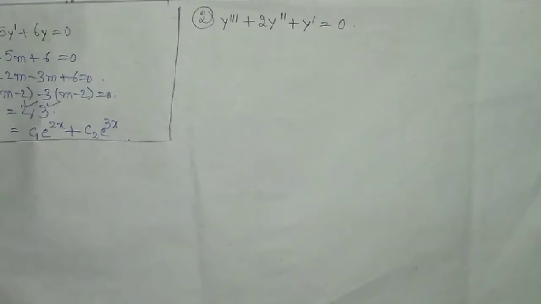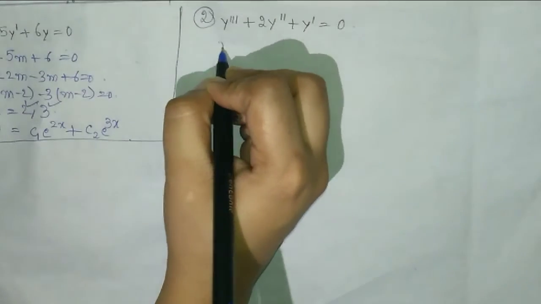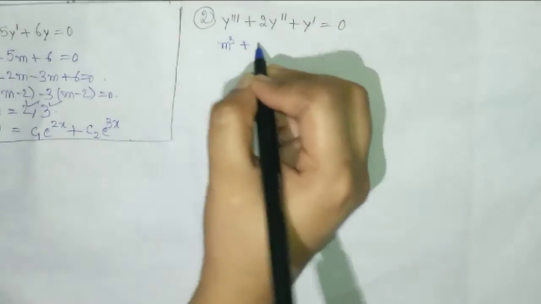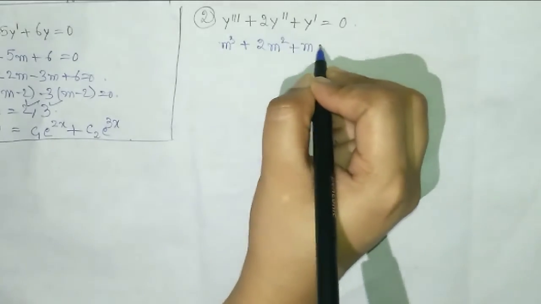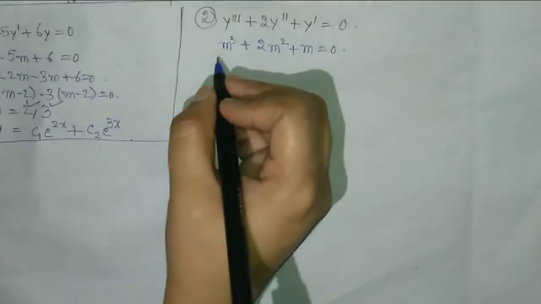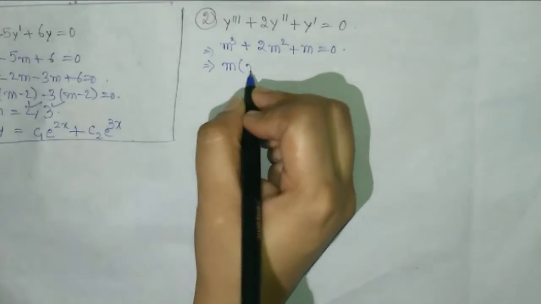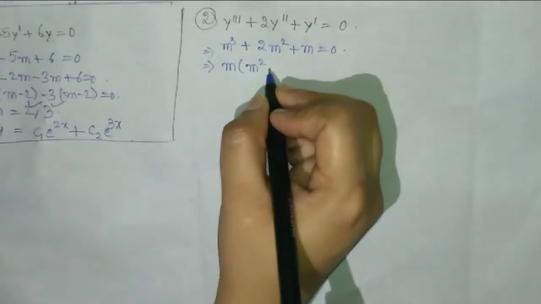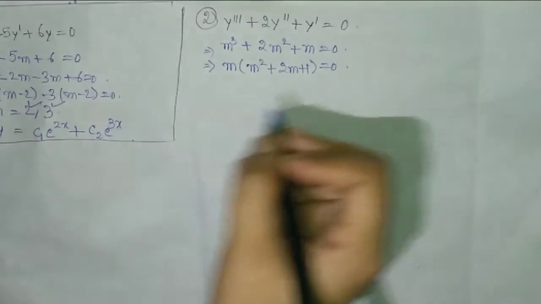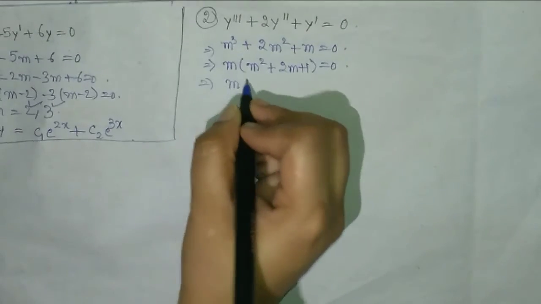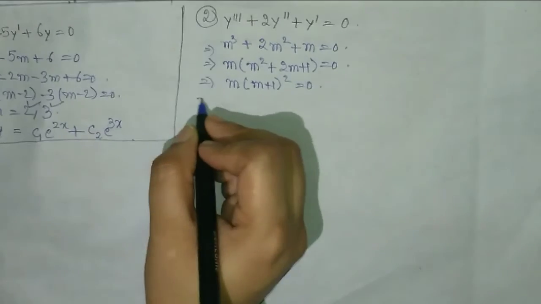Its auxiliary equation is given by m^3 plus 2m^2 plus m equals 0. Here we can take m common, so this becomes m(m^2 plus 2m plus 1) equals 0. Now this is m times (m plus 1) whole squared equals 0.